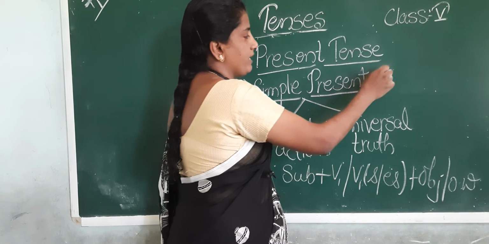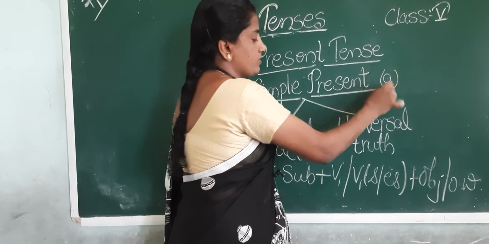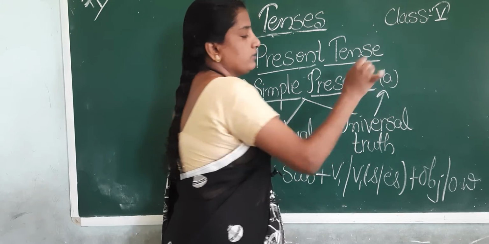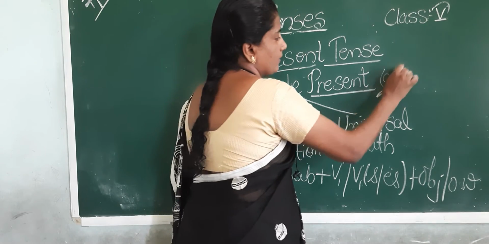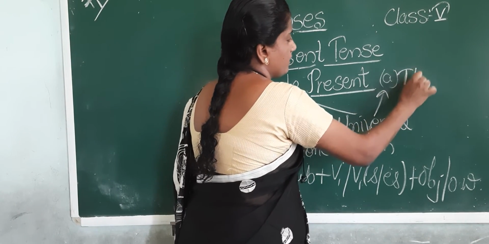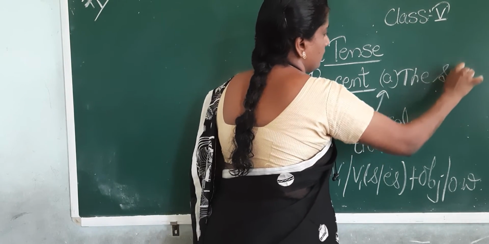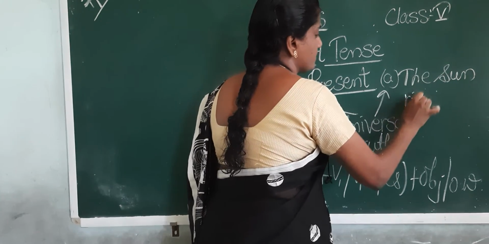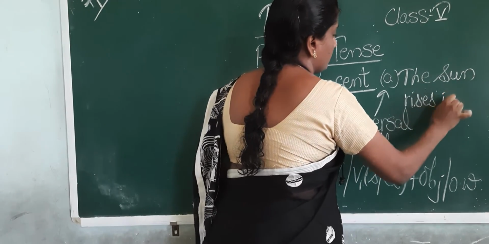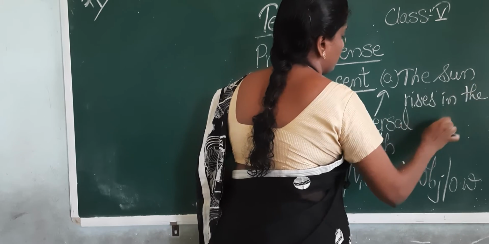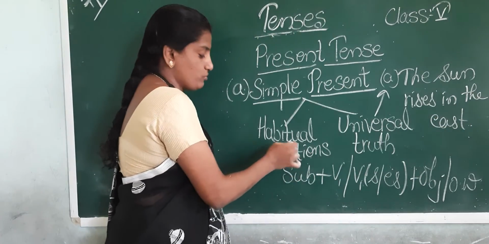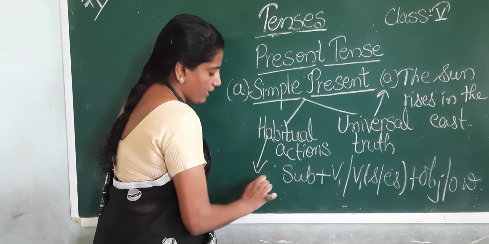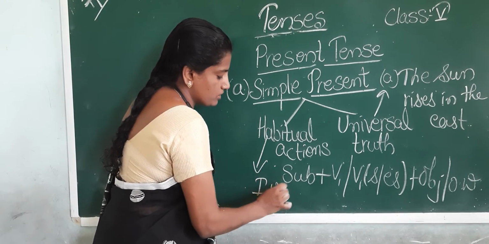Now let us have an example. Suppose universal truth: the sun rises in the east. See, children, the sun rises in the east. This is one example. And habitual action: I watch news.